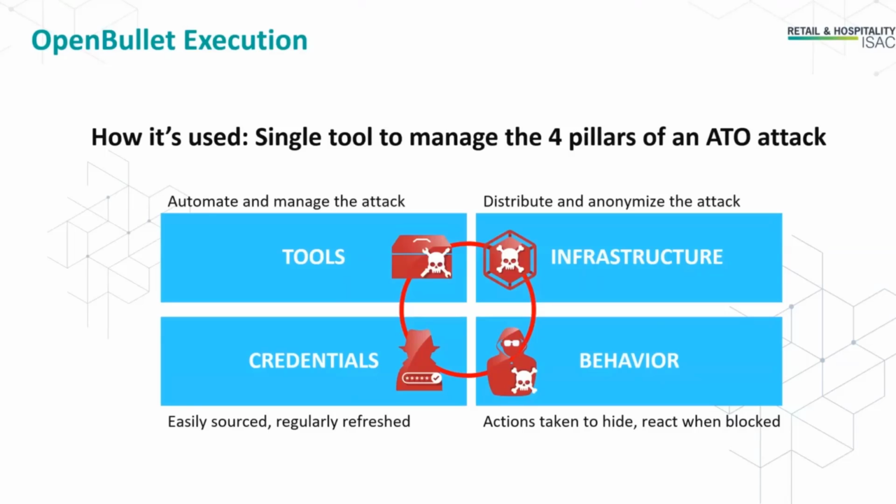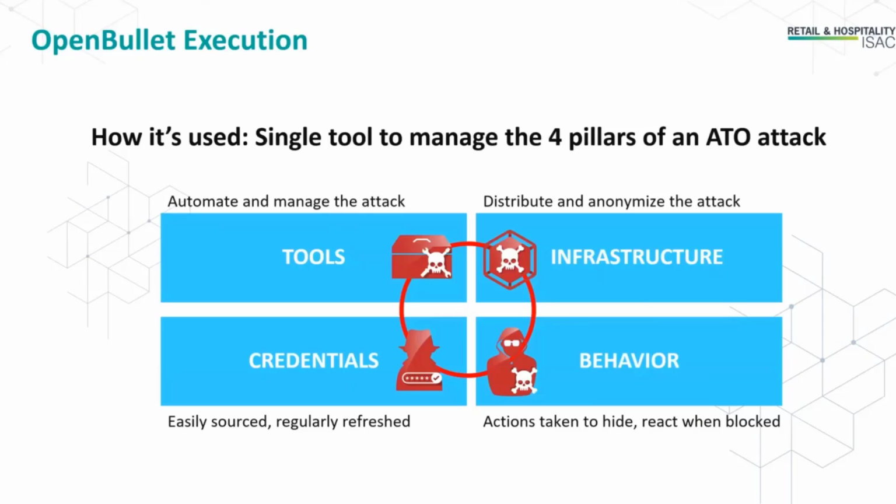But also the tools. Obviously, we're going to be using OpenBullet tonight. The infrastructure behind, which would basically be those proxy lists, and we're going to use some free ones tonight. And then the behavior. So we can actually incorporate, and again, I don't know the education level here, but when I say user agent or user agent string, those are the different types of browsers that might be used, like a mobile UA. UA stands for user agent.